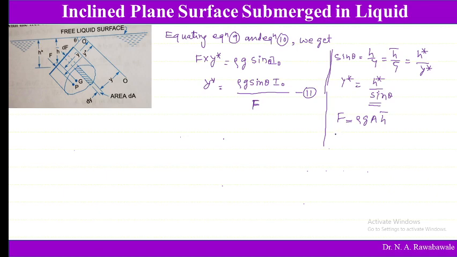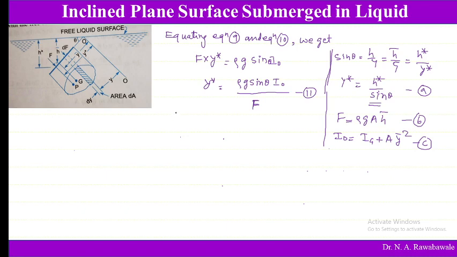Again, one more thing we know, that is I naught is equal to, from parallel axis theorem, Ig plus A Y bar square, where Y bar is the distance of center of gravity from this axis O. So substituting these things in equation 11, so substituting one, that is A Y star, then B value of F, and C value of I naught.